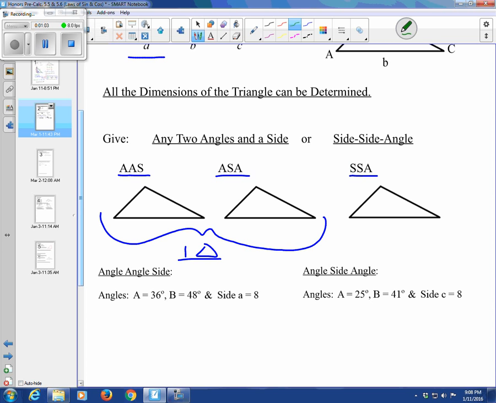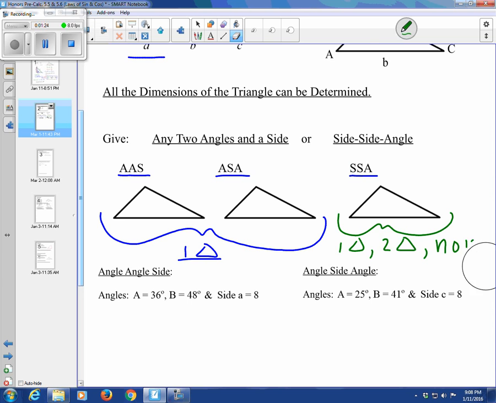Side, side, angle is not a congruence relationship, and this means that we're not always going to get just one triangle. It could be that we have one triangle with side, side, angle. It could be that the dimensions give us two different triangles, or it could be that the dimensions give us no triangles. And we're going to investigate that in a little bit.